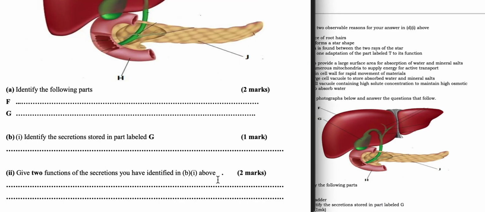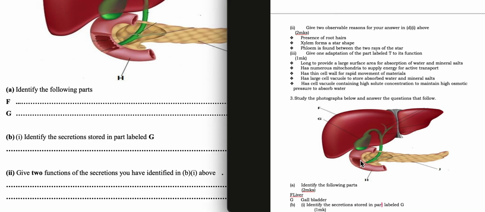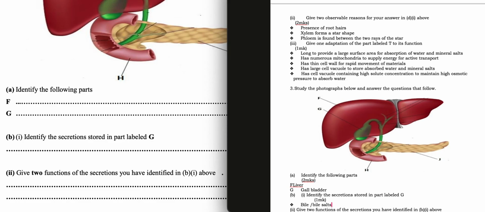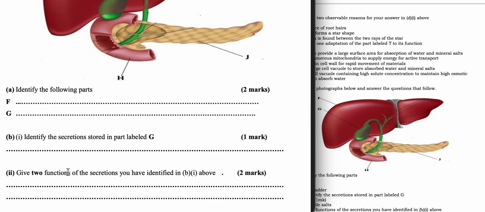Identify the secretion stored in part labeled G. G is the gallbladder, so the secretion that is stored there is bile, or you can just say bile salts. Give two functions of the secretion you have identified in B1 above.